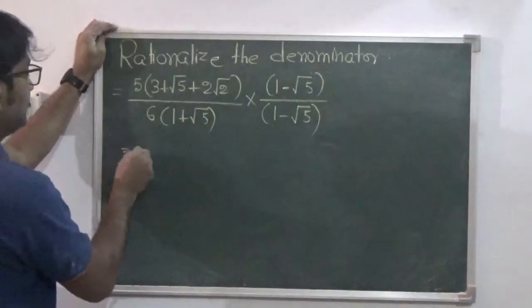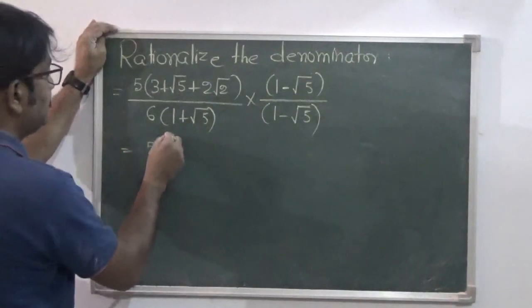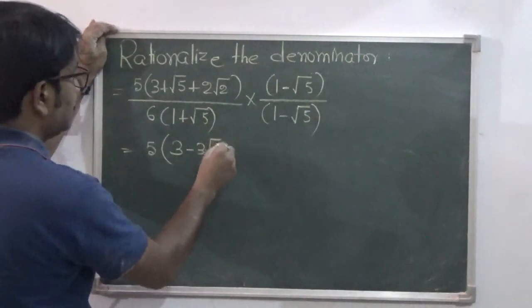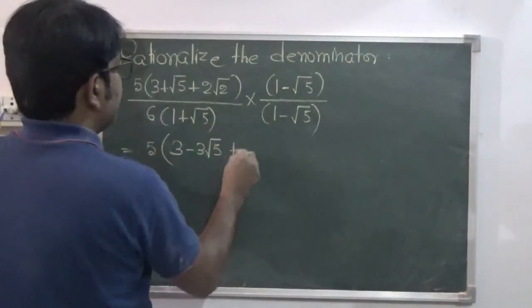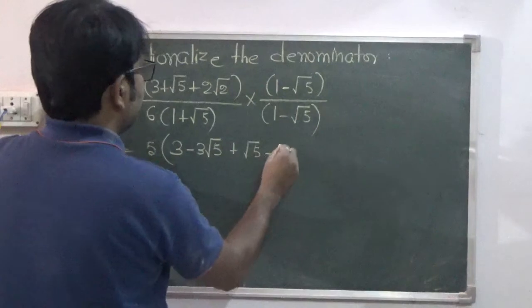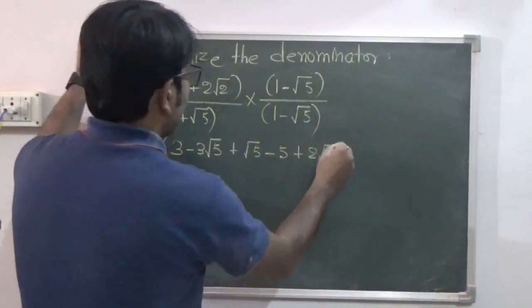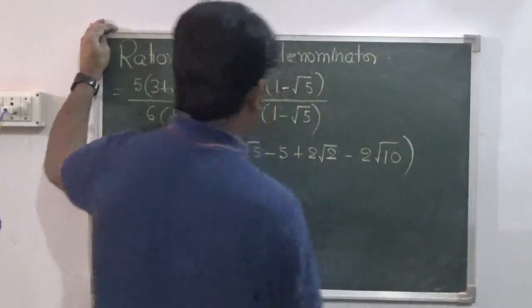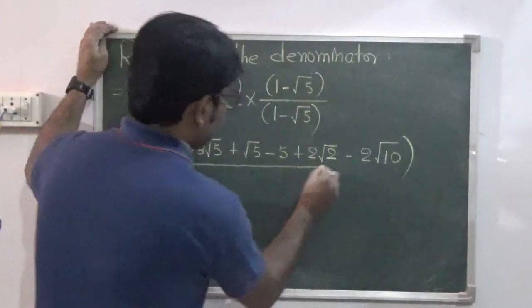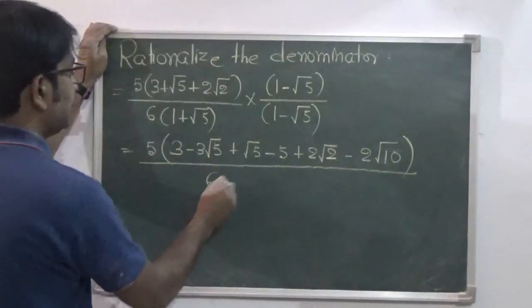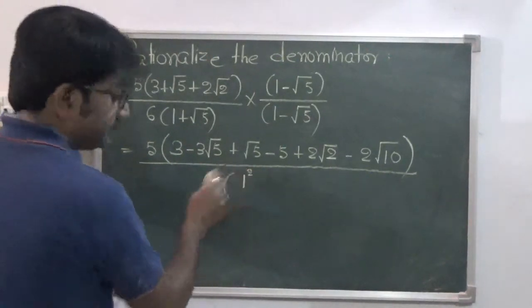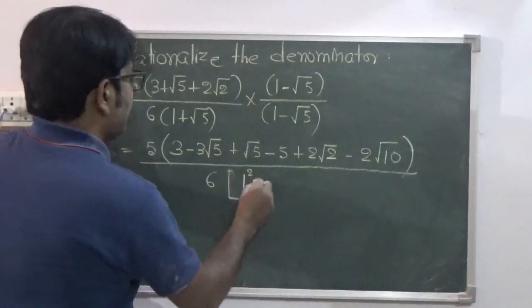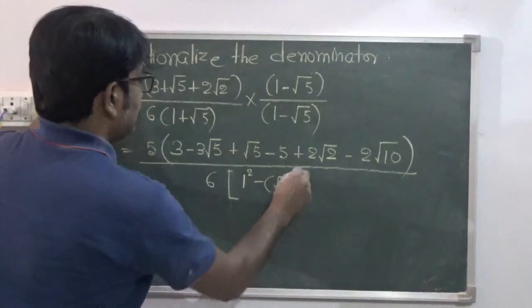If you multiply this, 5 into, 3 into 1 is 3 minus 3 root 5 plus root 5 minus 5 plus 2 root 2 minus 2 root 10, divided by 6 into 1 square minus root 5 square.